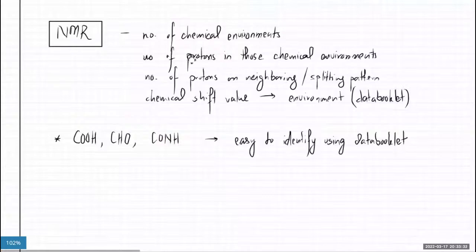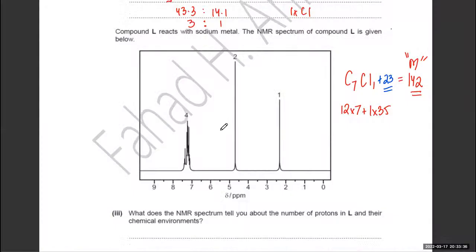It's also giving you the number of protons in those chemical environments. So you've got 4 hydrogens over here, 2 hydrogens in this environment, and 1 hydrogen in a different environment. Is that clear?